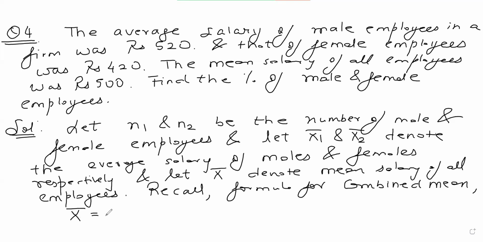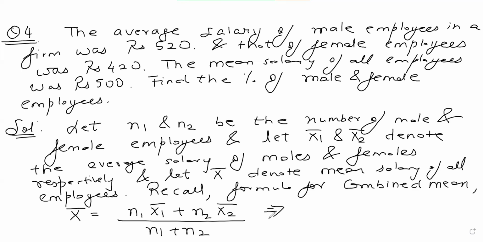The combined mean X bar is N1 times the mean of the first group plus N2 times the mean of the second group, over N1 plus N2. N1 is the number of observations in the first group, X1 bar is the mean of the first group, N2 is the number of observations in the second group, X2 bar is the mean of the second group, and X bar is my combined mean.